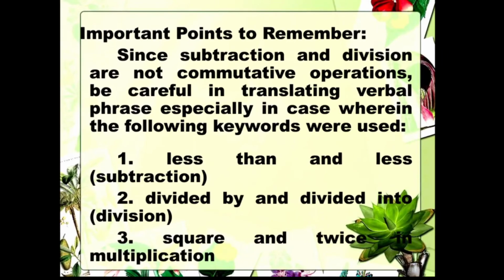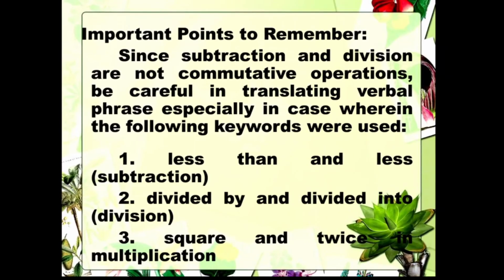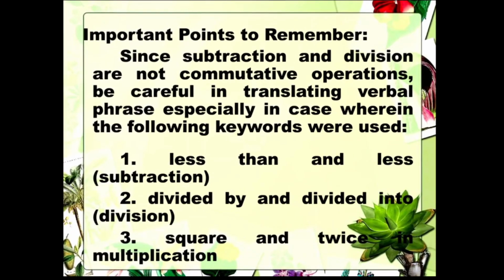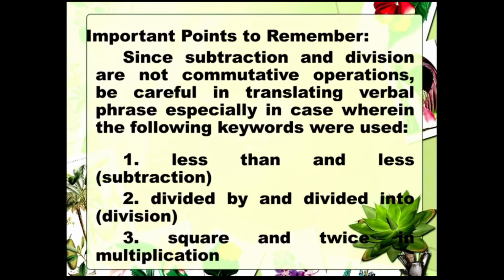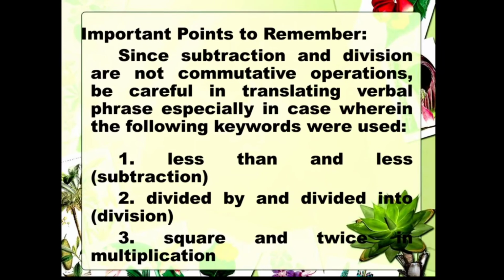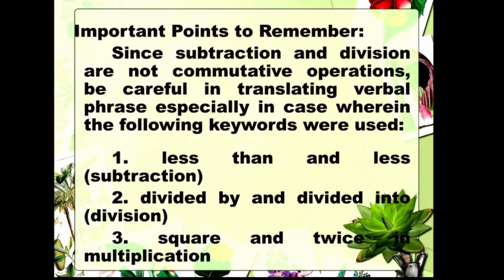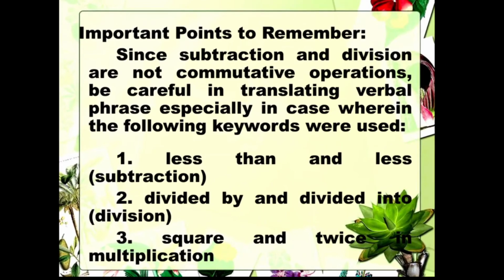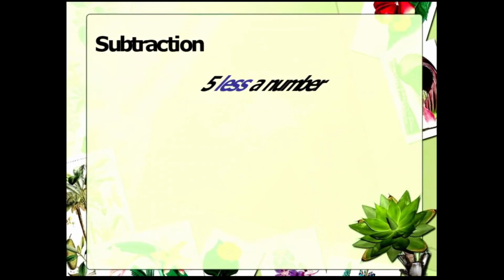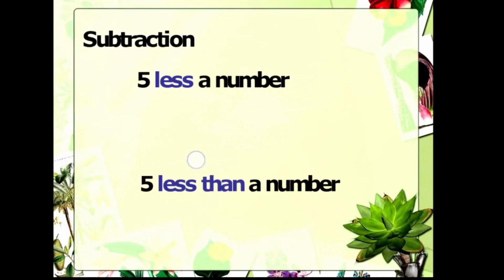Then for multiplication, we have square and twice. If the given is square or twice, you have to be careful in translating that into an algebraic expression. So, here are the examples. For subtraction, we have, for less, 5 less a number.